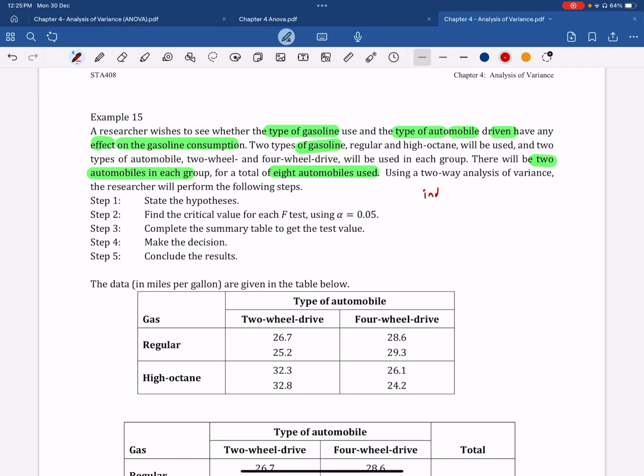For this example, the type of gasoline and the type of automobile will be our independent variables.